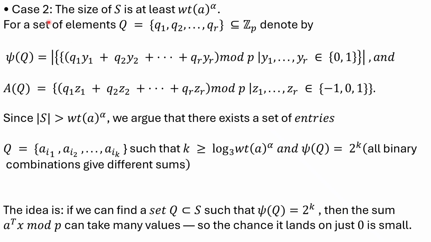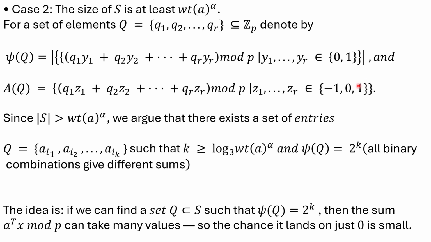Okay, now to case 2. The size of S is at least the weight of A to the power of alpha. For a set of elements Q, we have Q1 to QR, we denote by phi Q all the sums where Y1 to YR could be 0 or 1. AQ are all the sums, but Z can be minus 1, 0, or 1.